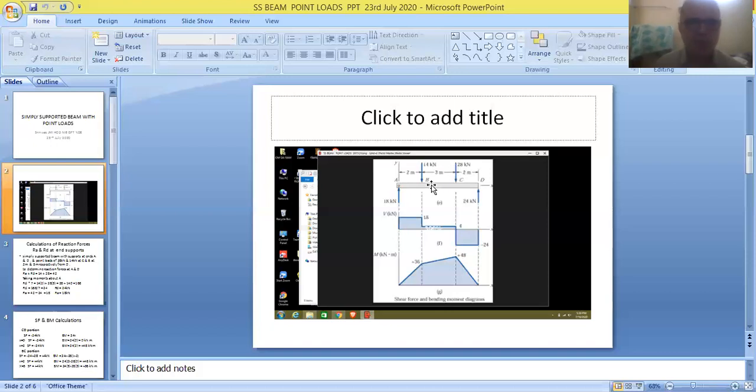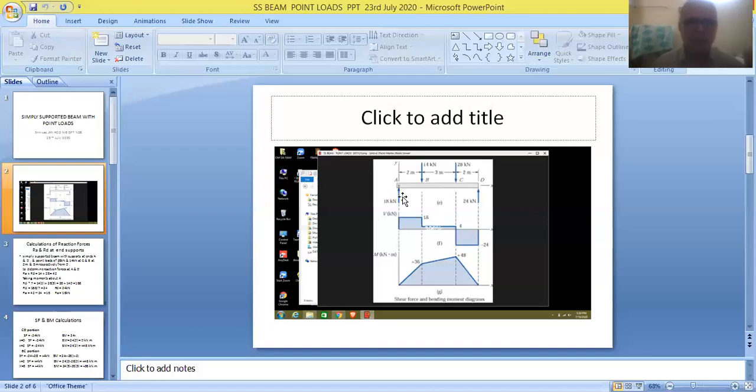Next you go to the BC region and again consider a vertical section XX, again at a distance of small x meter from the right end of the beam. That is useful for framing SF and BM equations for the BC portion.